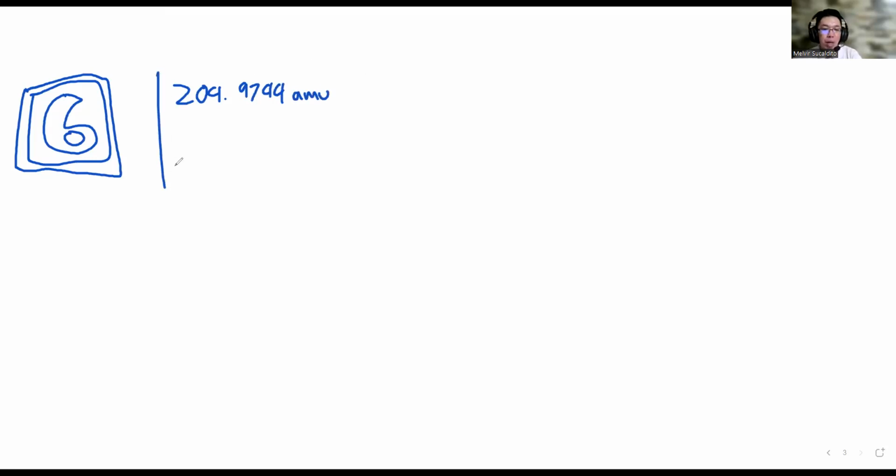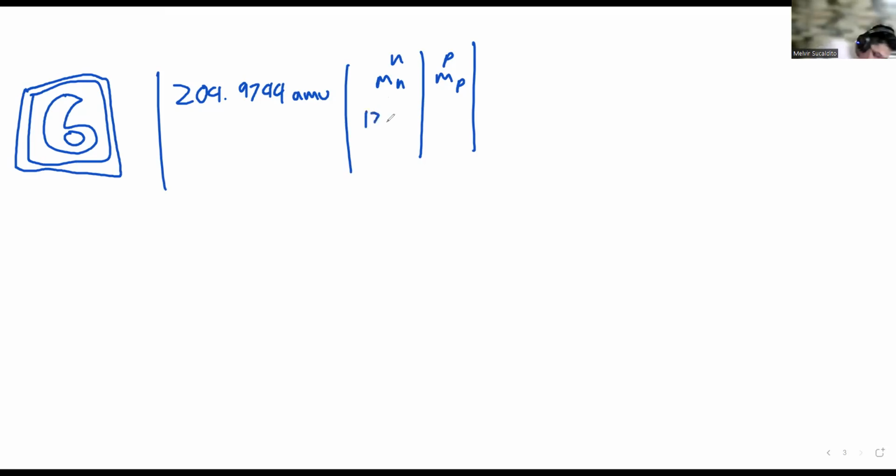This is very similar to what we did. Tl-205-81, good, that's correct. How many neutrons? 205 minus 81, calculate. 124.